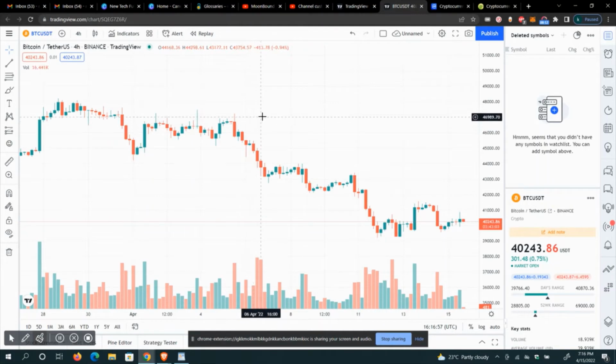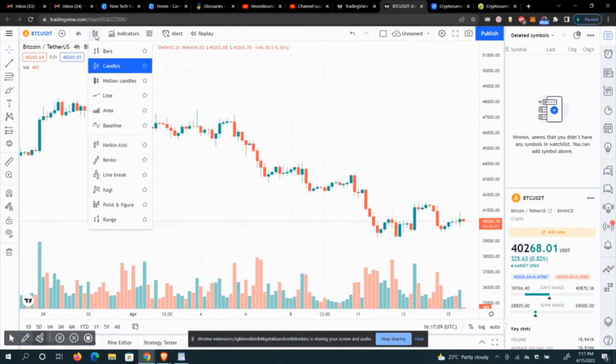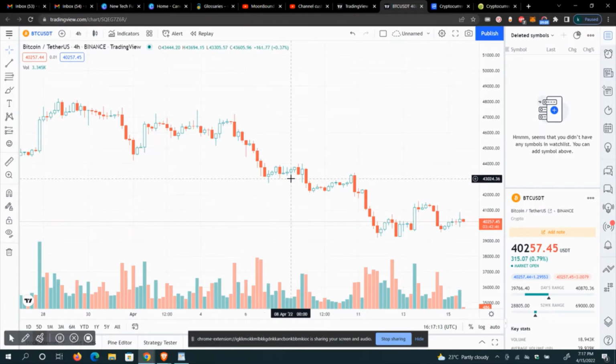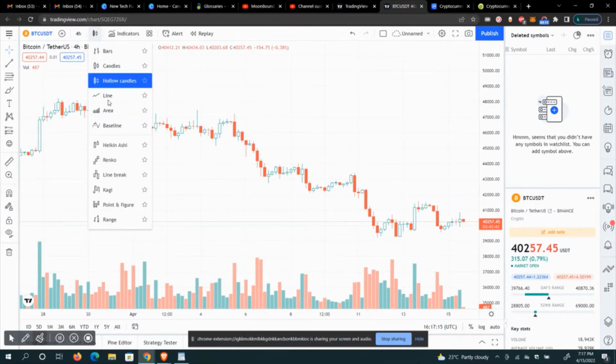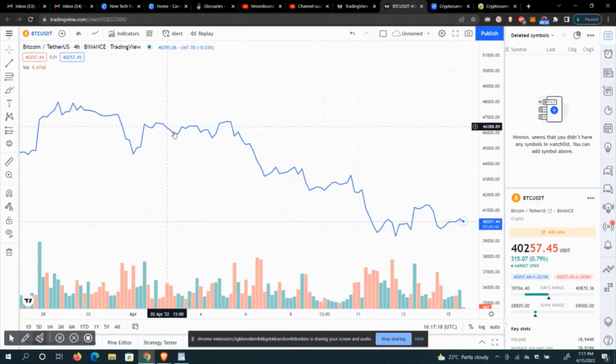But because life is full of preference, certain people are not comfortable reading the charts using the candlesticks. Some people prefer either the hollow candles. It's all about preference. Certain people prefer the lines. People tend to read the charts best this way.